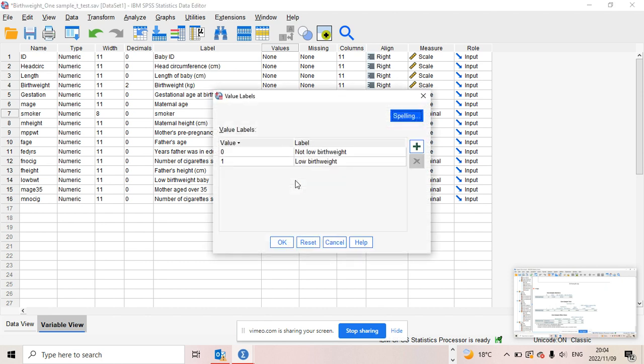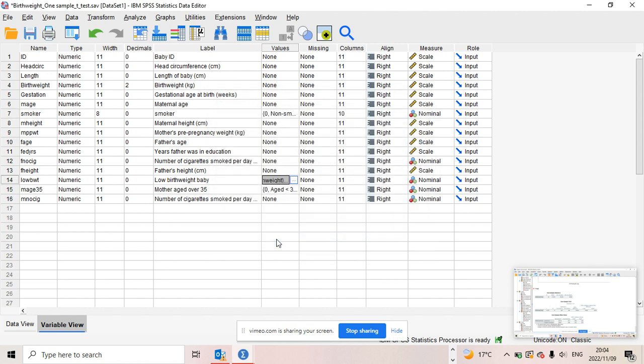Given the nature of this variable, it is dichotomous. If no low birth weight, which is no, zero, then if it is yes, low birth weight, then a value of one is assigned to it.